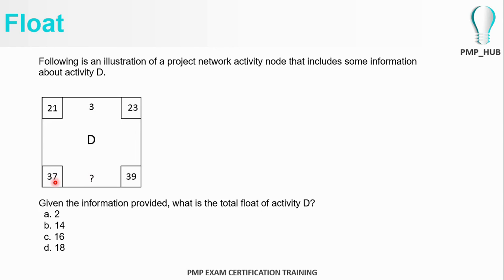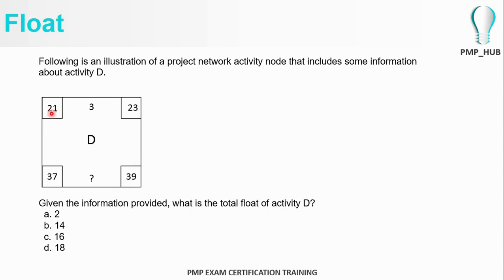Earliest finish date, and the latest start date is day number 37, and with 3 days for activity D to perform, the latest finish date will be day number 39. So given the information provided, what is the total float in activity D?